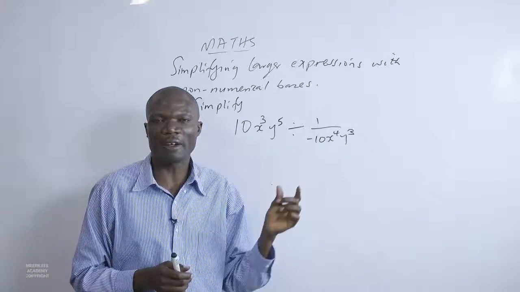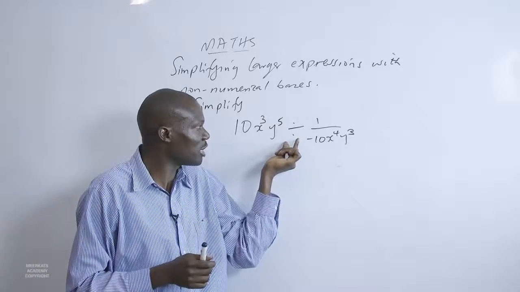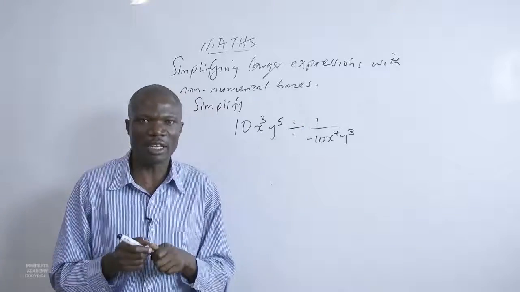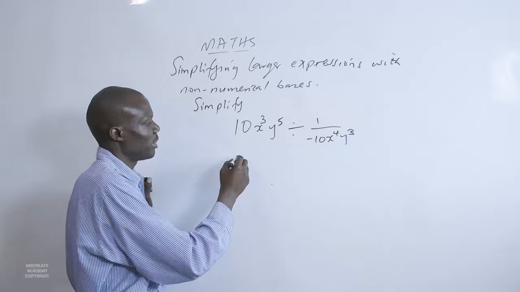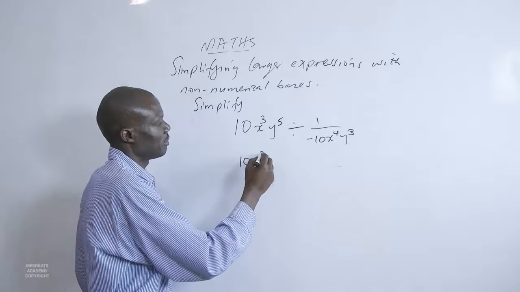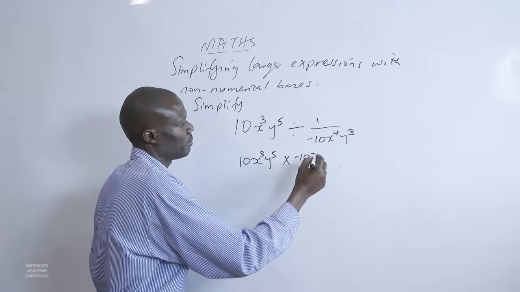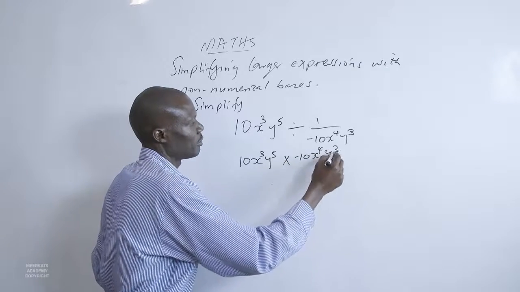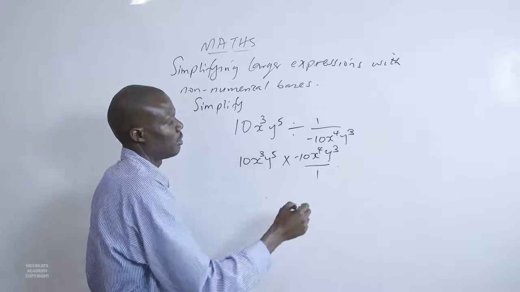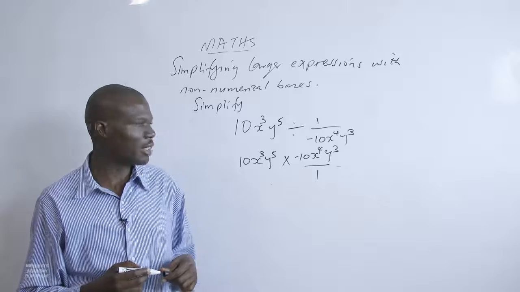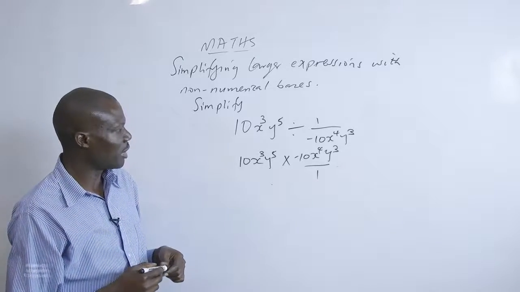So for this case here, we need to change this and say multiply it by what? Its reciprocal. And if we have to do that, then this will be rewritten as 10x^3 y^5 times 1 over minus 10x^4 y^3. A number divided by 1 is just the same number.